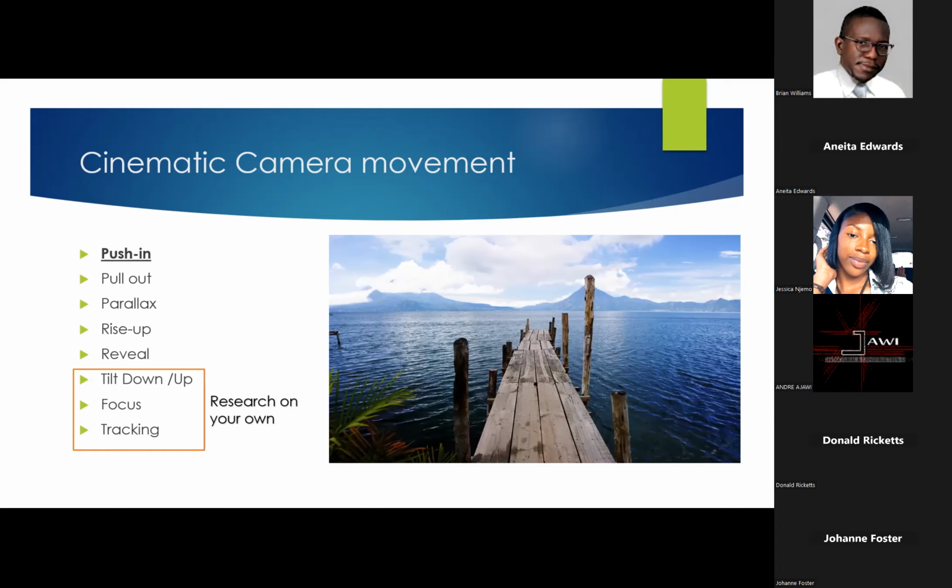Symmetry, leading lines. On top of that, when you're capturing anything to do with movement, the basic cinematic camera movements should be embedded in your muscles, so to speak, because you're using your finger muscles to hold the phone or the camera.